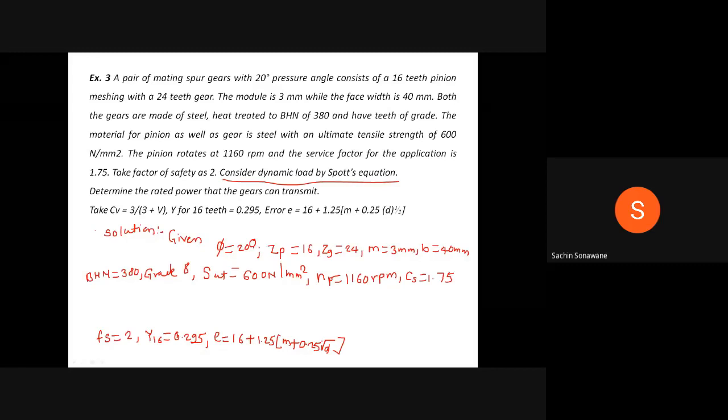I think all students have written. Now we will solve the problem.